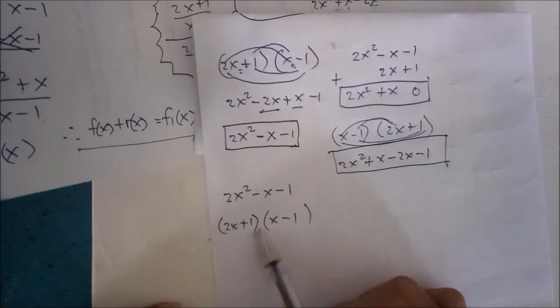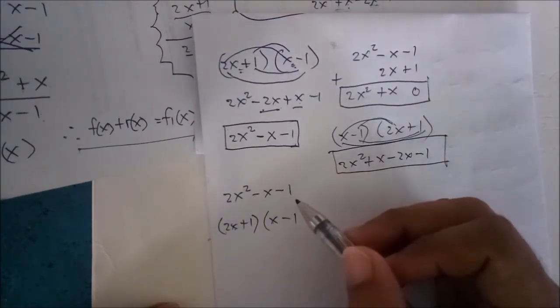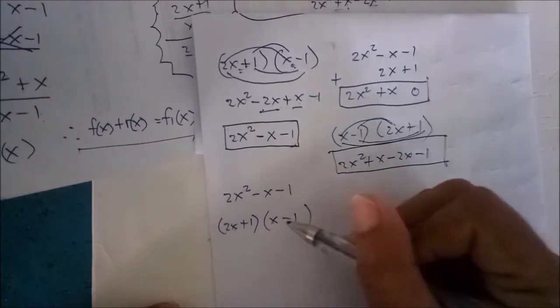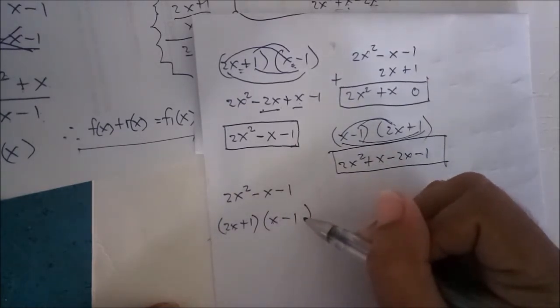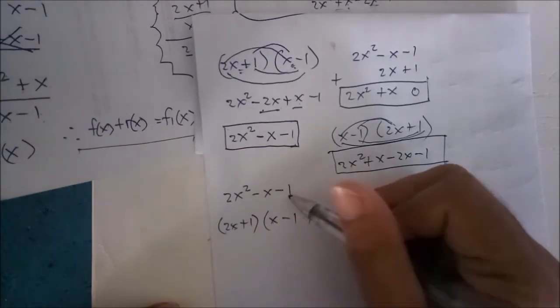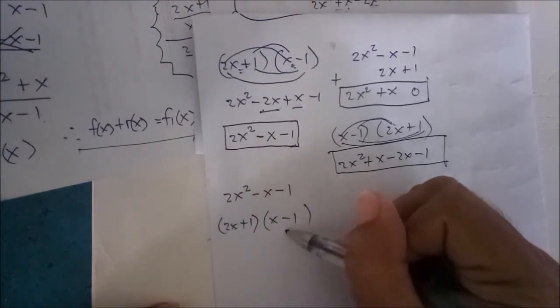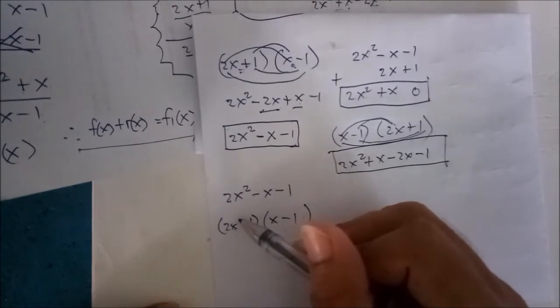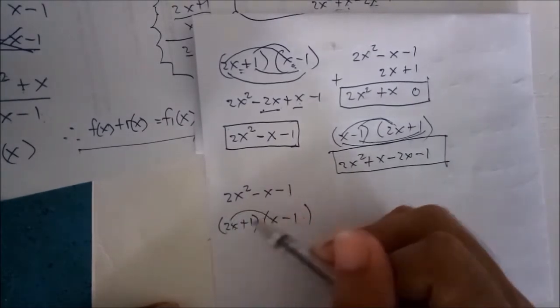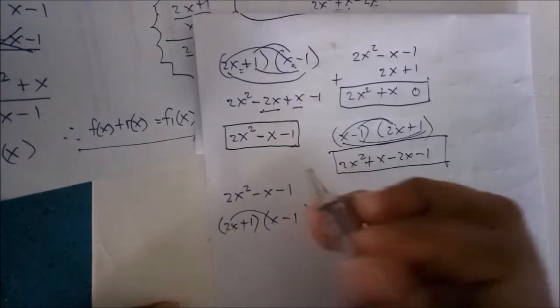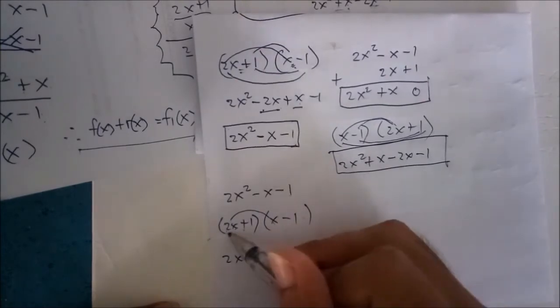You will check if the factor is correct by the distributive property. If you do the distributive property and the answer is the same as the given, your factor is correct.